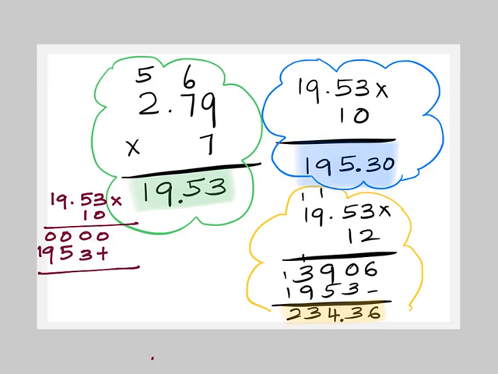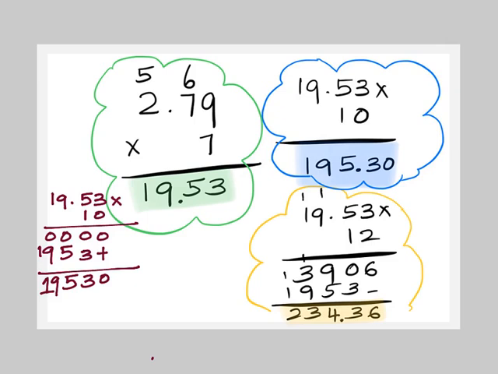So 0 goes down. 0 plus 3 is 3. 0 plus 5 is 5. And then 0 plus 9 is 9. And then there is 1 here. So let's write that 1. So we got the answer 19530.